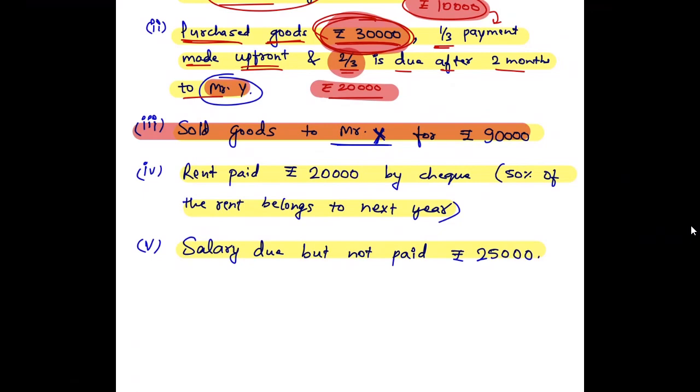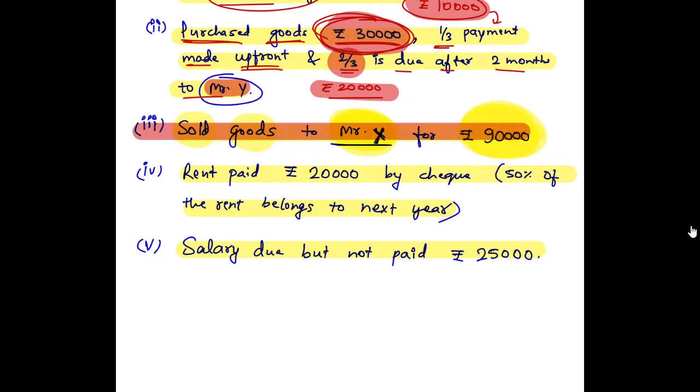Okay, whenever it is said that we have sold the goods to Mr. X, whenever the name is given and there is no information about the payment, you cannot assume that the cash of 90,000 has been received.